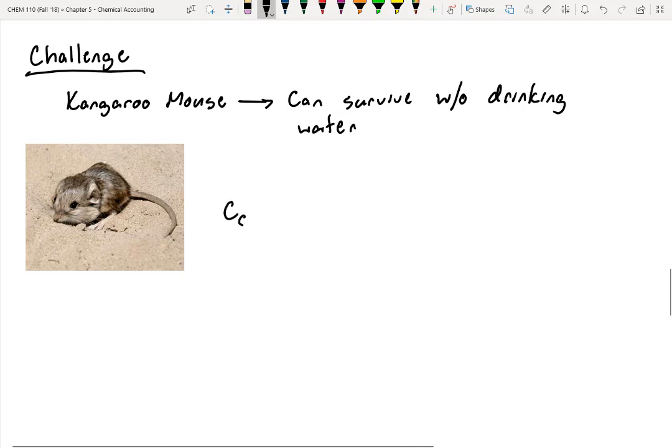And you might remember this from our balancing equations worksheet. C6H12O6 plus 6 equivalents of oxygen will create 6 equivalents of CO2 plus 6 equivalents of water.